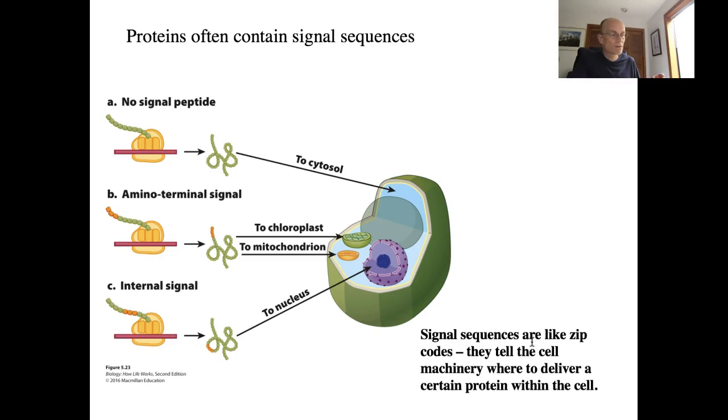There's a certain number of amino acids stuck together in a certain way, just like a zip code, 98416, right? It's a certain combination of numbers that together gives a code, and that tells the postal office where to send a package. Or in this case, it tells the cell where to send this protein within the cell.